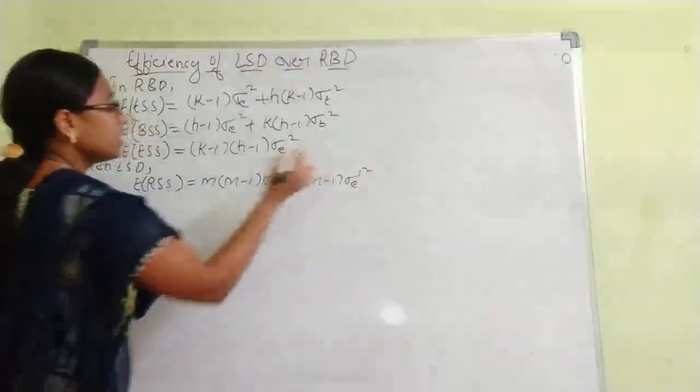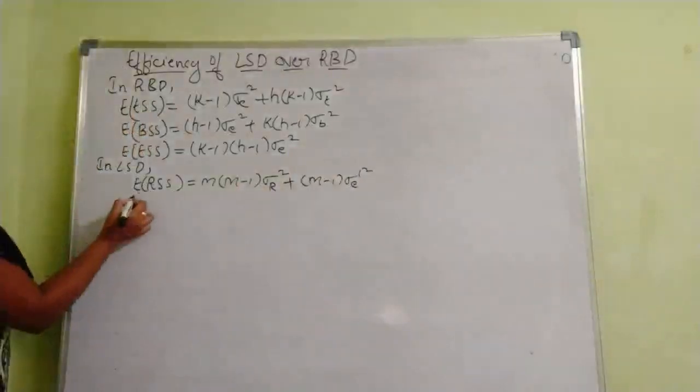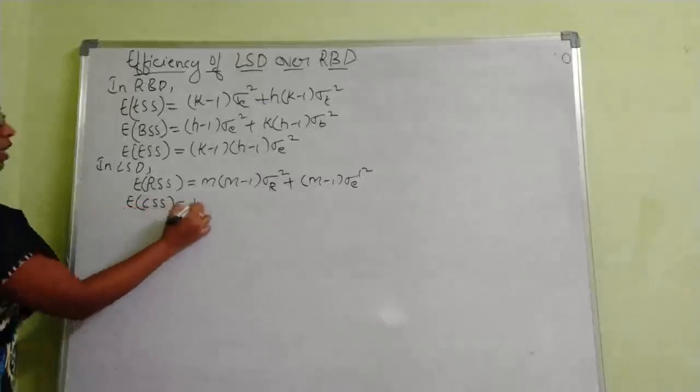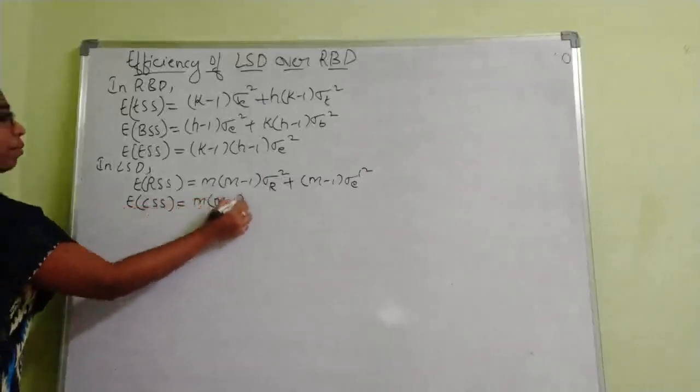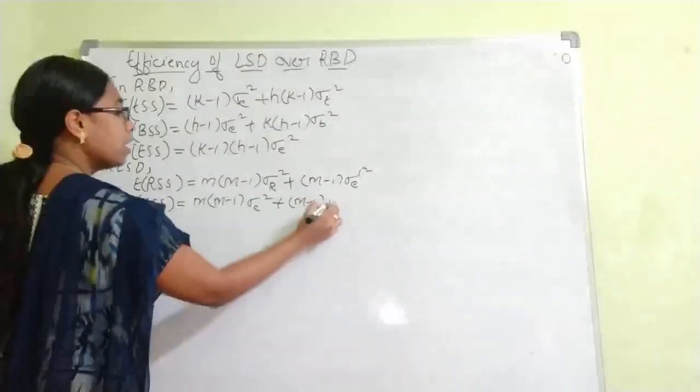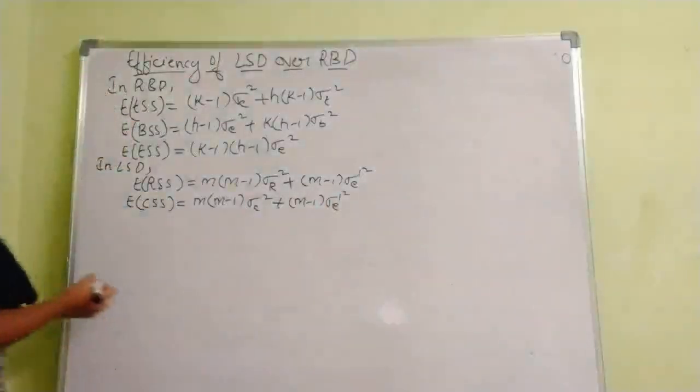Similarly, the expectation of the column sum of squares is equal to m into (m minus 1) sigma C square plus (m minus 1) sigma E dash square.